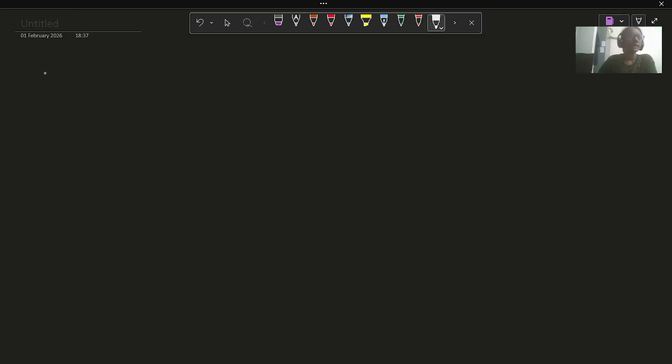For example, if we have a right angle triangle named A, B, C, and you know all the parameters of the right angle triangle, that is AB, AC, BC, that is hypotenuse, perpendicular and base.